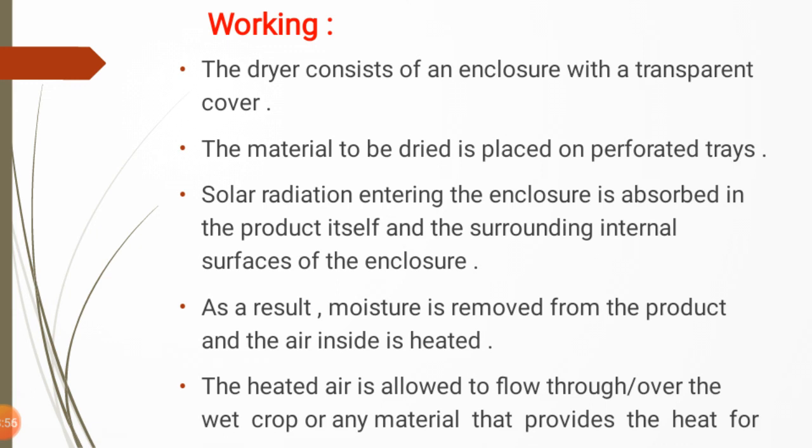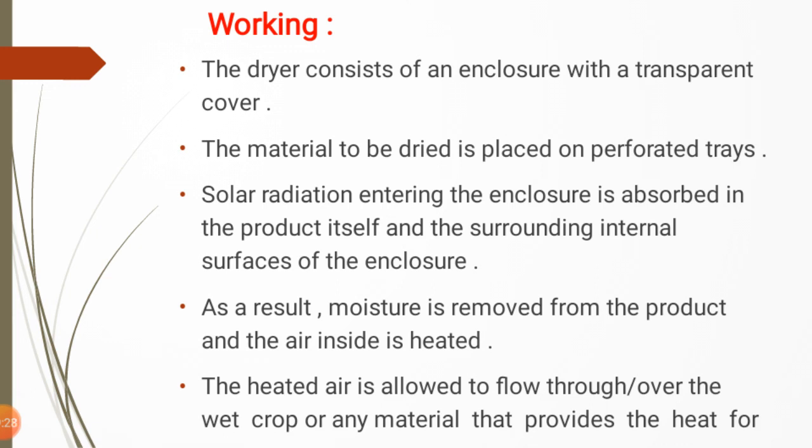Solar radiation entering the enclosure is absorbed in the product itself and the surrounding internal surface of the enclosure. That means the solar radiation which is incident on the transparent covering plate gets transmitted through that. So this transmitted solar radiation gets absorbed by the product and the surrounding internal surfaces of the enclosure, so that as a result moisture is removed from the product and the air inside is heated.